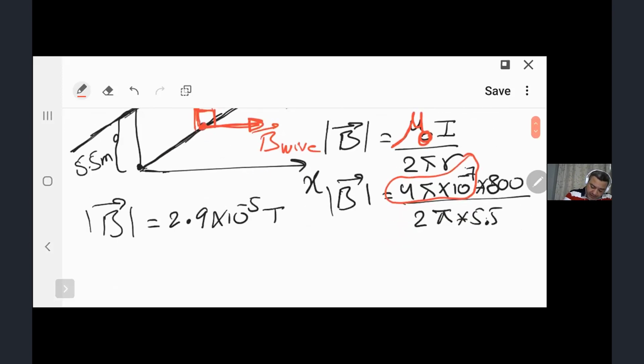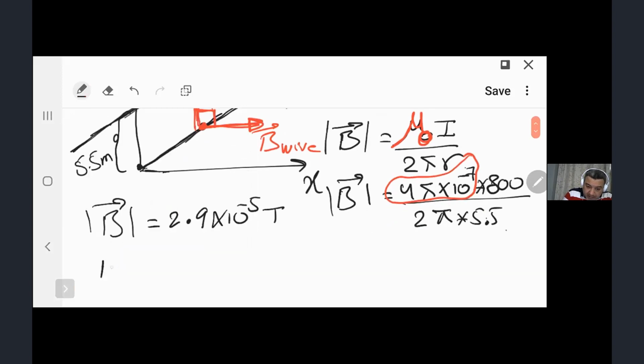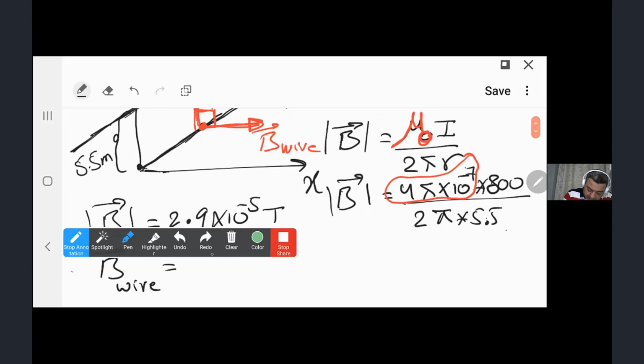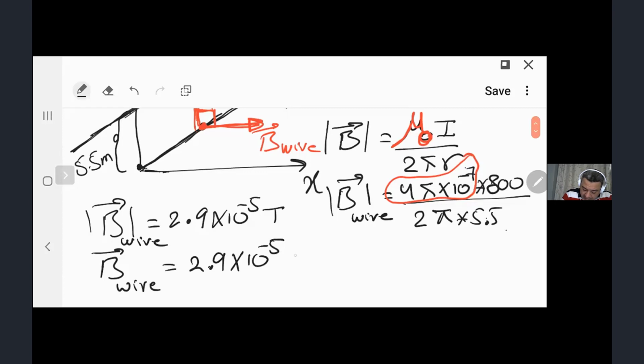So in this case, the magnetic field for the wire is 2.9 with the direction, times 10 to the power minus 5, I hat Tesla.